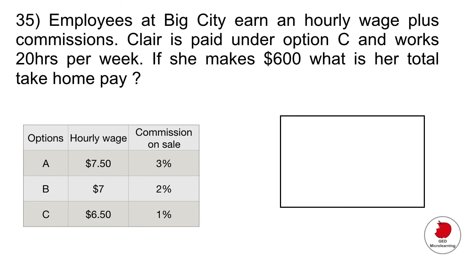All right, so employees at Big City earn an hourly wage plus commissions. Claire is paid under option C and works 20 hours per week. If she makes $600, what is her total take-home pay? Sorry, that question should say if she makes $600 on commissions, on a sale rather.